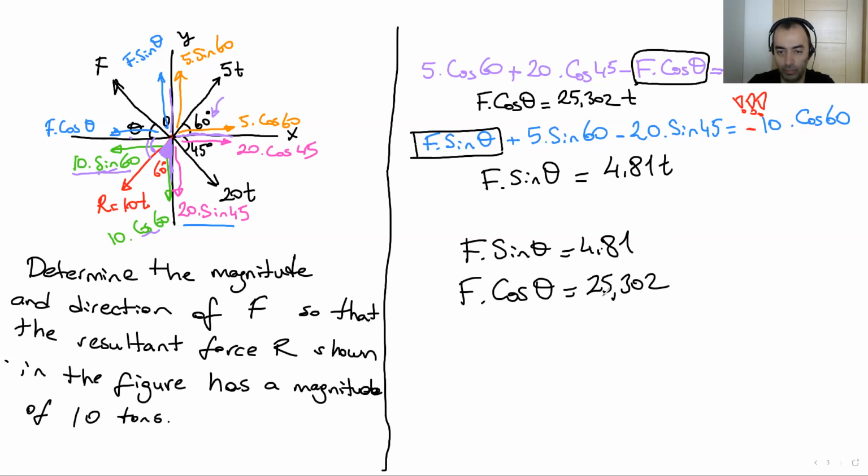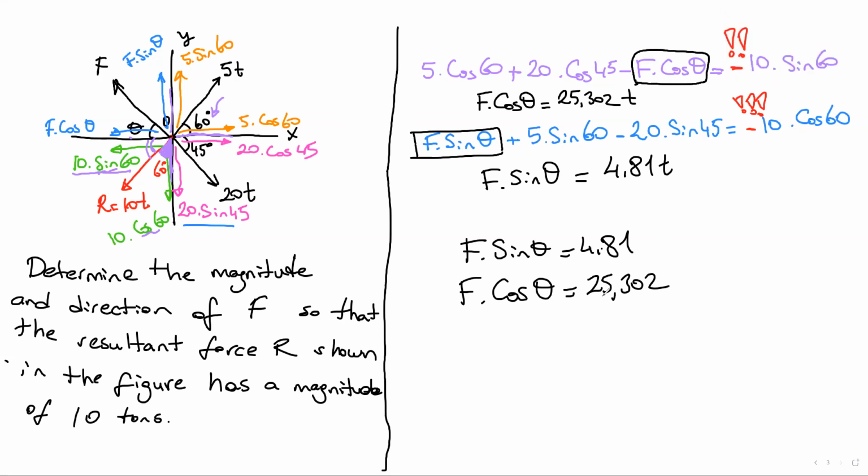What can we solve here? What can we get from these two equations? We need to calculate F, and also we need to calculate theta. Yes, you're right. We have two equations, two unknowns. We can solve it.